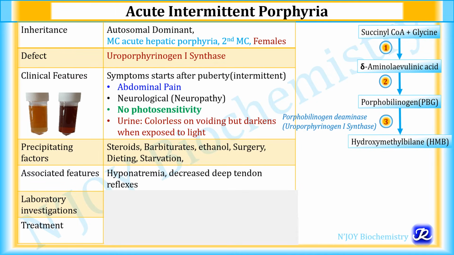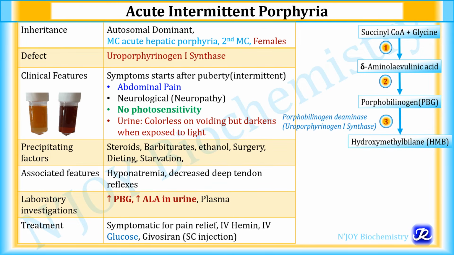This condition is also associated with hyponatremia, and it can be due to syndrome of inappropriate ADH secretion or loss of sodium, because this is also associated with vomiting and diarrhea in addition to the abdominal pain. There are decreased deep tendon reflexes. Laboratory investigation shows increased PBG and delta ALA in urine and plasma.